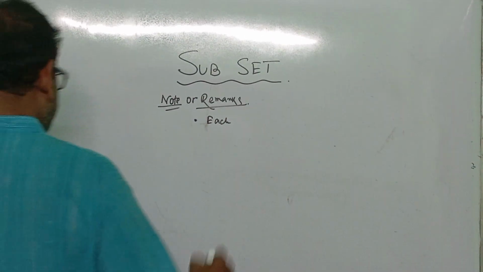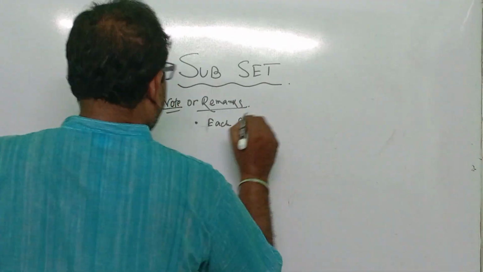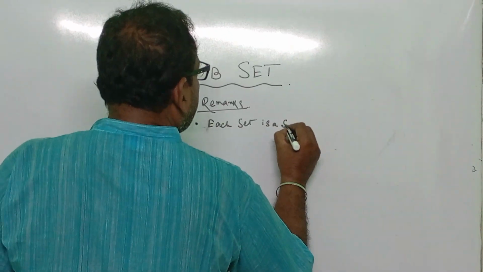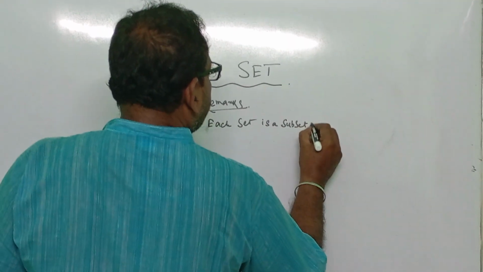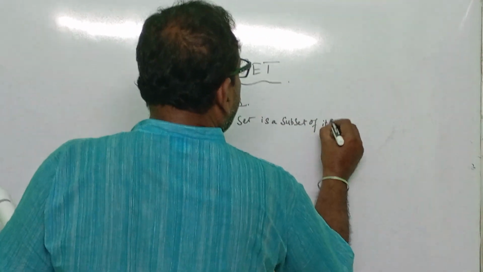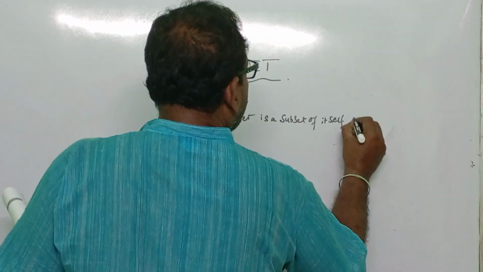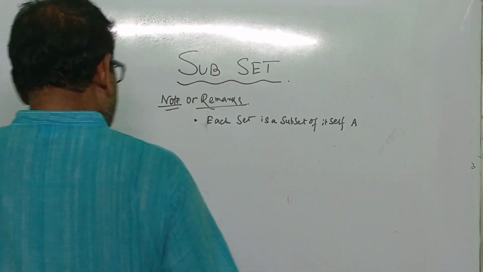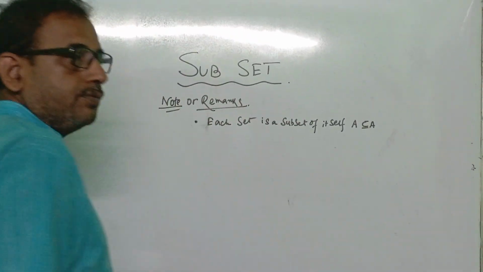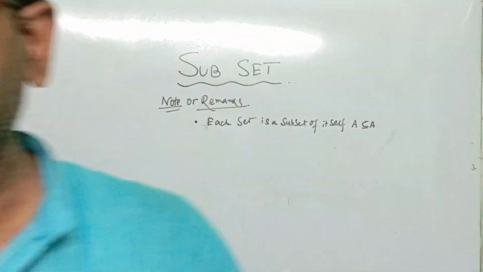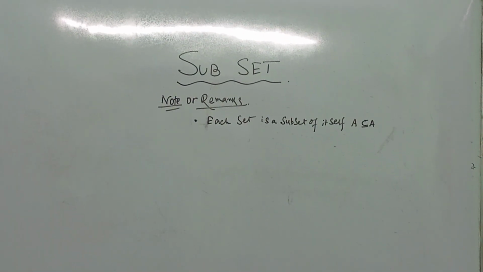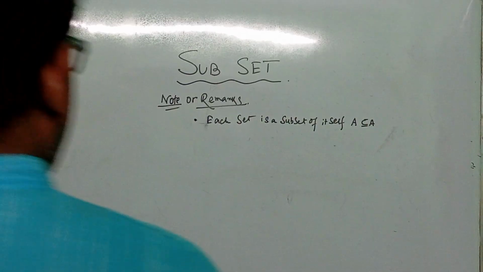Each set is a subset of itself. That is, A is a subset of A. Am I clear on that? Each set is a subset of itself.